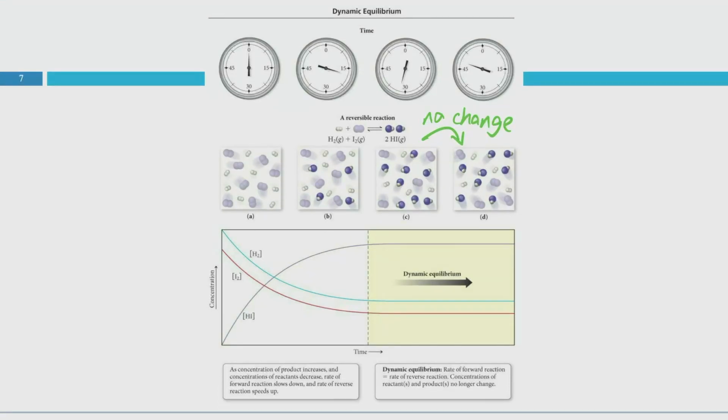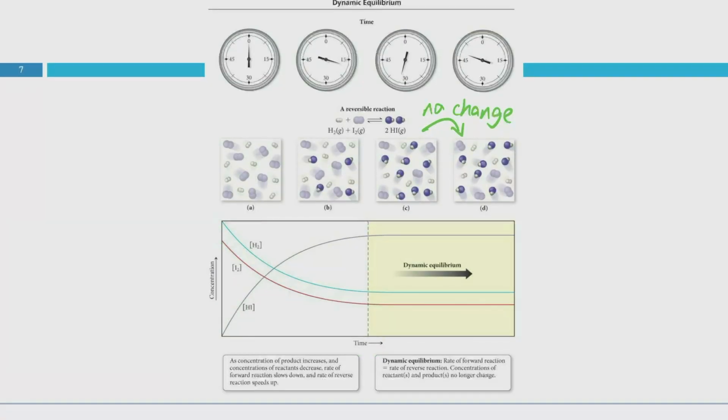We can also represent it with concentrations as our y-axis on a graph with time as our x-axis. So initially we've got high concentrations of our two reactants, and those are going to decrease over time as we produce our product. So our product concentration comes up, and they start to slow down as they reach equilibrium. And then once we've established dynamic equilibrium, there's no change in our concentrations.